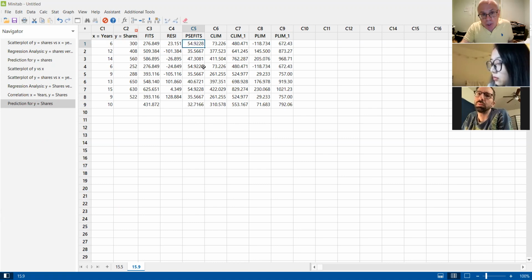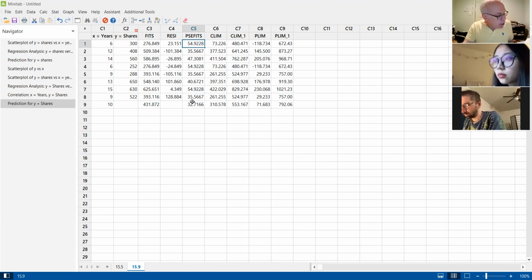And that is what this is. It's a standard error for that confidence interval. Remember, a margin of error in a confidence interval is a critical value times a standard error. Remember I mentioned that a while ago when we did confidence intervals? The margin of error, which we add and subtract to our estimate to get a confidence interval, is the standard error times a critical value.